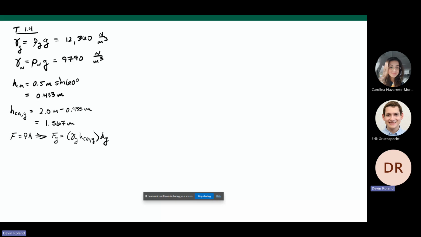When you plug in the values, that is 12,360 Newton per meter cubed times 1.567 meters times 1 multiplied by 1.2 meters squared.